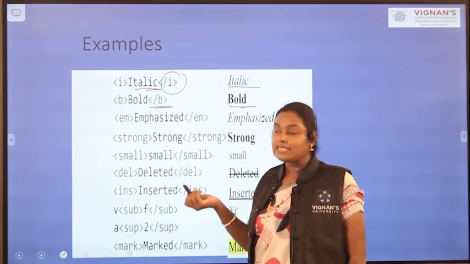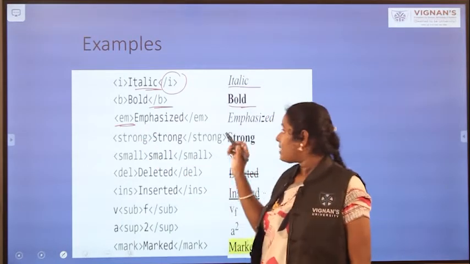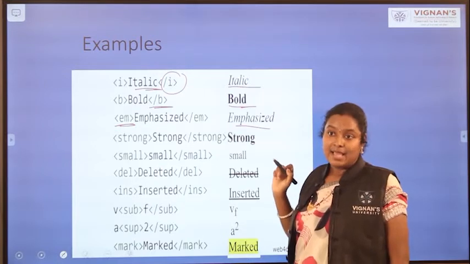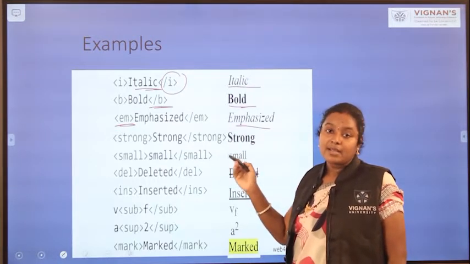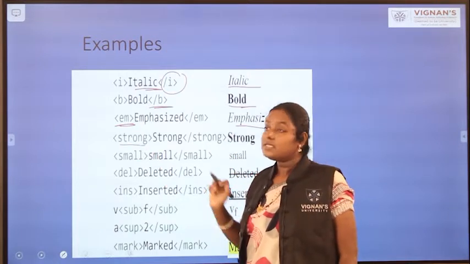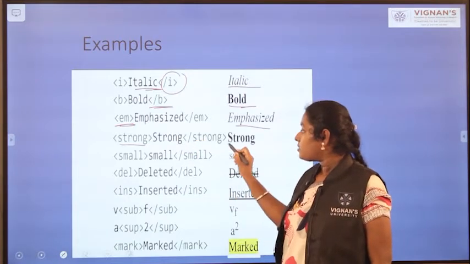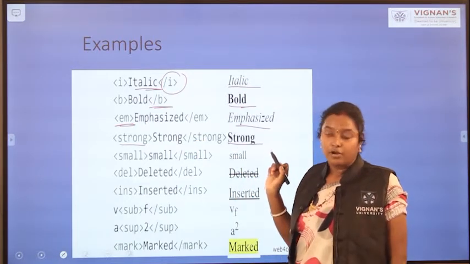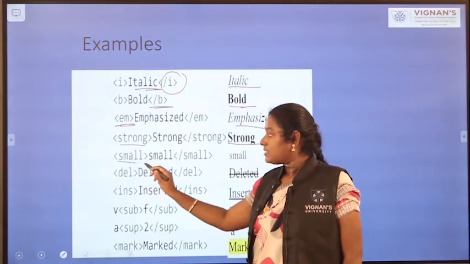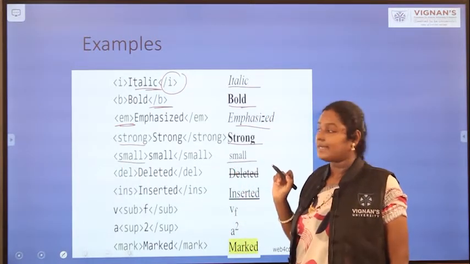Next, if you write the text inside the EM tag, emphasized, then the text will appear in an emphasized format so that the user will notice it on the website. Next one is the strong tag. Whatever content you write inside the strong tag will appear in bold format. Next, the small tag. Here the characters appear in small letters.